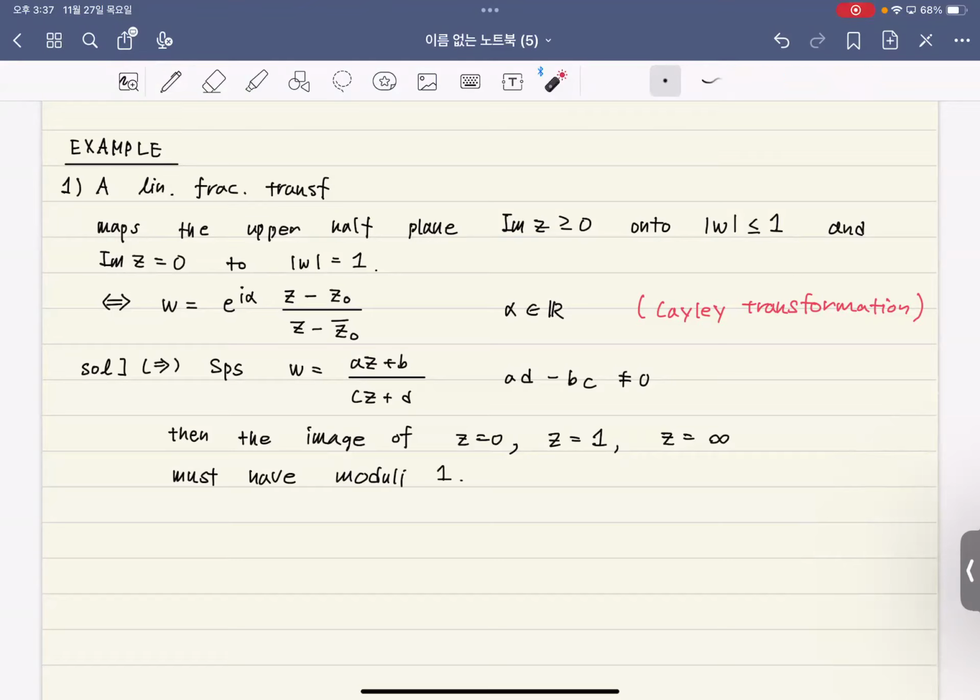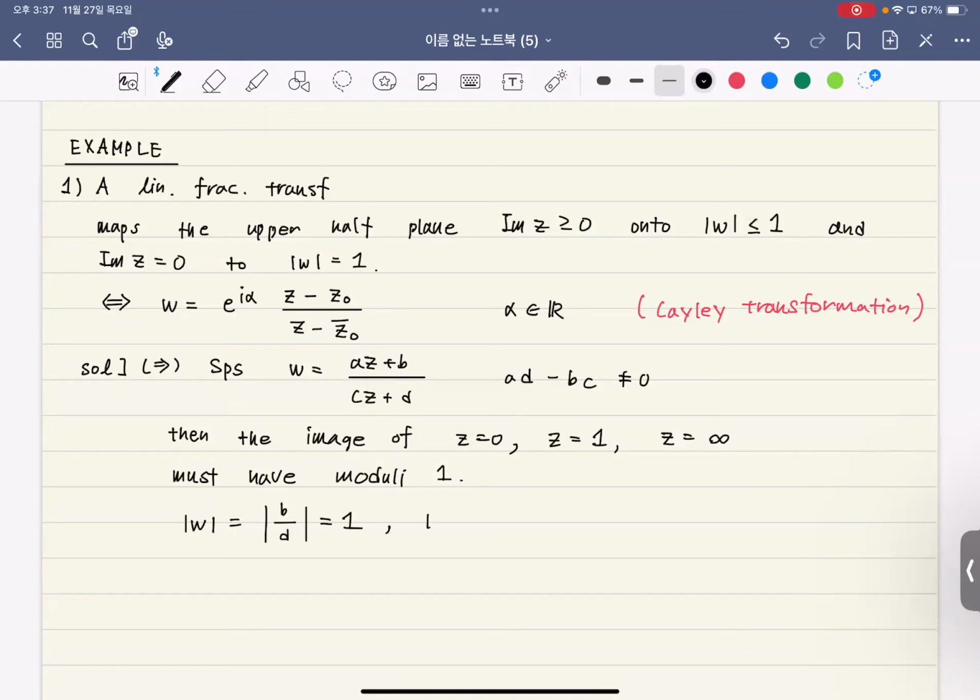First I will consider the image of these 2 points, when z equals 0 and z equals infinity. When z equals 0, if you plug in z equals 0, you get just b over d, and since the boundary of this will be mapped to the boundary of this one, this must have modulus 1.